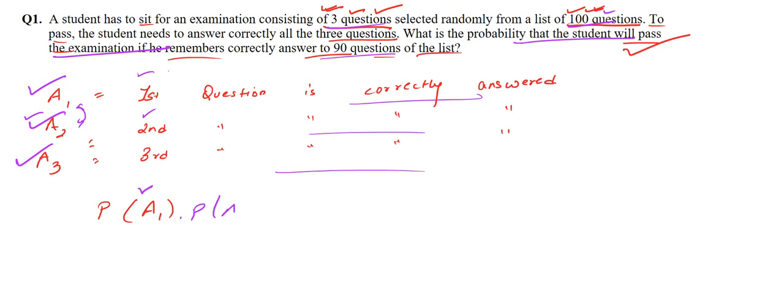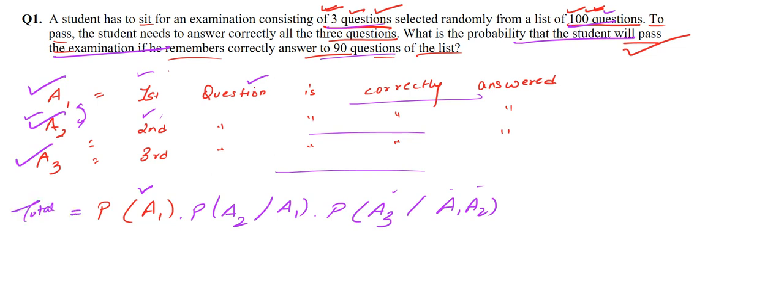So here we will have probability of A2, given that A1 has already occurred, that the first question is already correctly answered. And for A3 we will write the same, that is given A1 and A2, that is A1 and A2 both are answered correctly. Now we need the probability of A3, and the total probability will be equal to the product of all these 3. So this is what we need.